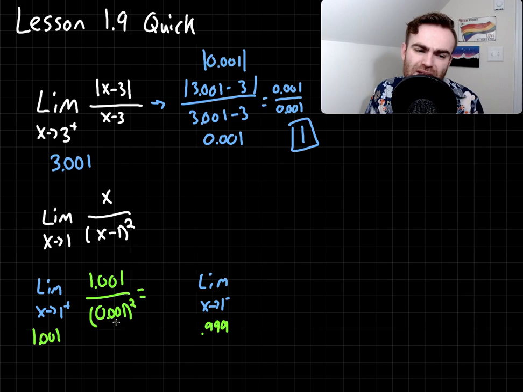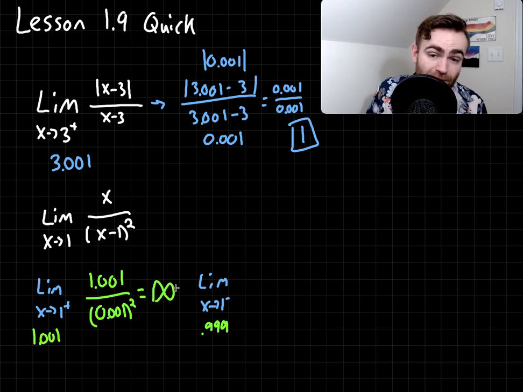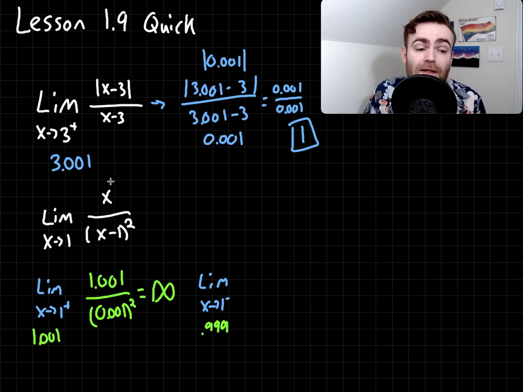But the 0.001 on the bottom is a very small number, and I'm squaring it, so it's getting even smaller. So I'm dividing a number by a really, really small number. This is going to be huge, and the closer we get to 1, we'll find that that number gets bigger and bigger and bigger and bigger. So the right-hand limit is infinity.